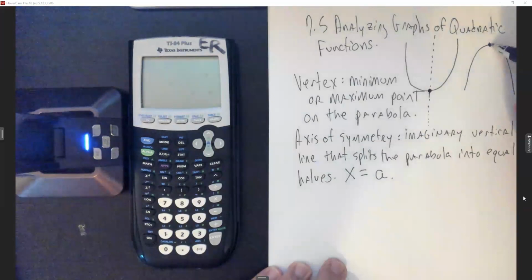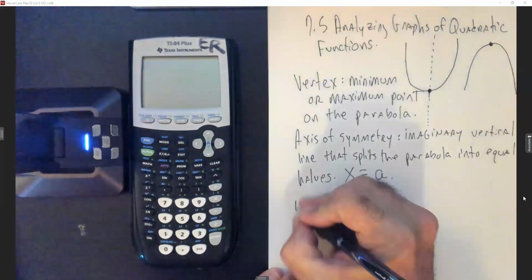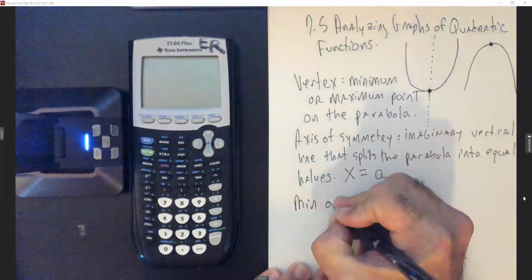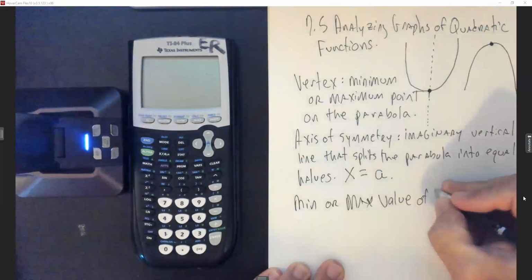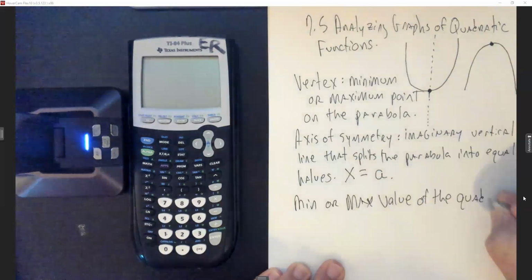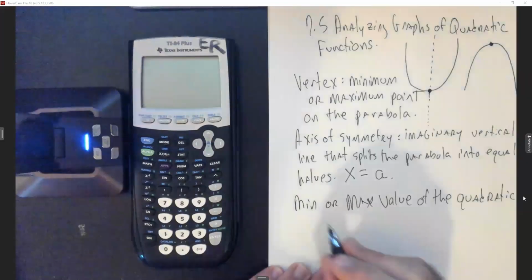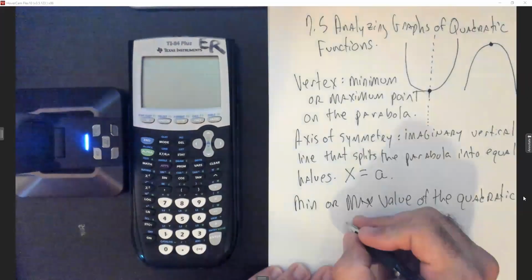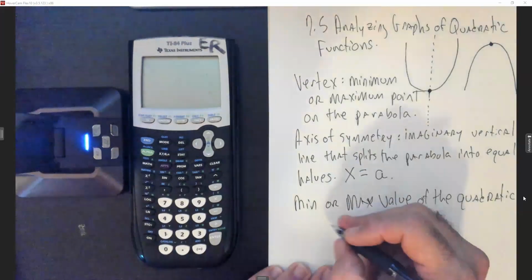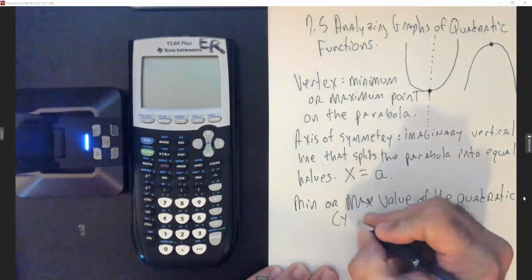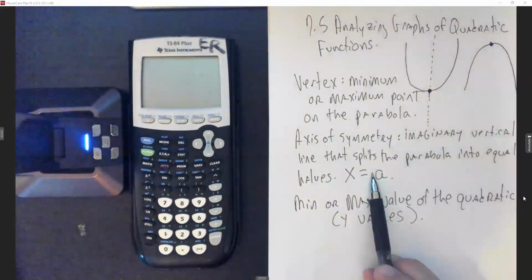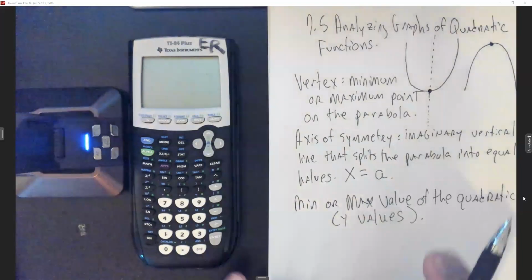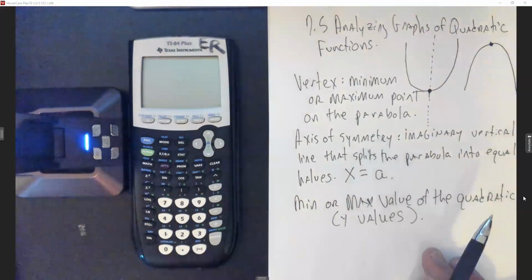So it also tells us the min or the max value of the quadratic. Now, the min or max values are going to be a y value. So the line of symmetry deals with the x values of the vertex. The min or max values deal with the y values of the vertex.